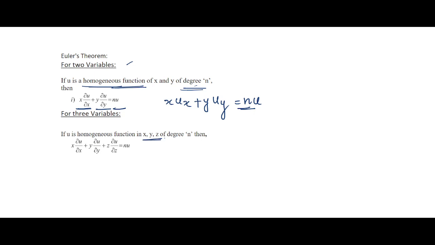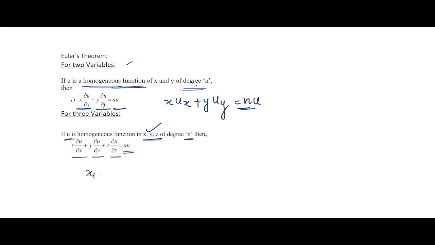If x, y, z are the variables, and u is a homogeneous function in x, y, z of degree n, then x ∂u/∂x plus y ∂u/∂y plus z ∂u/∂z is equal to n into u.